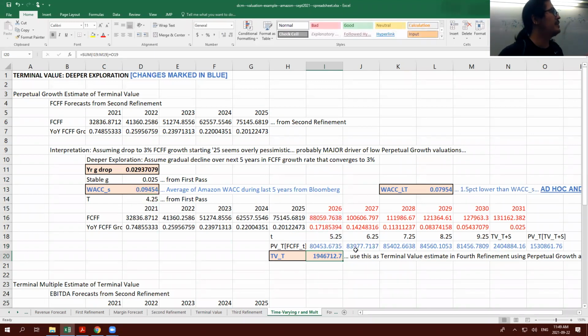See what I've done here? This captures WACC during more normal times. This captures maturation. Capturing maturation, I particularly did ad hoc, and I even acknowledged it. I just didn't have the time to overthink that.